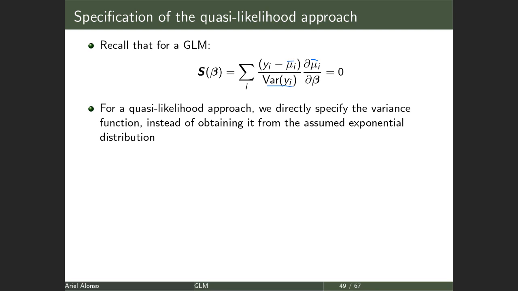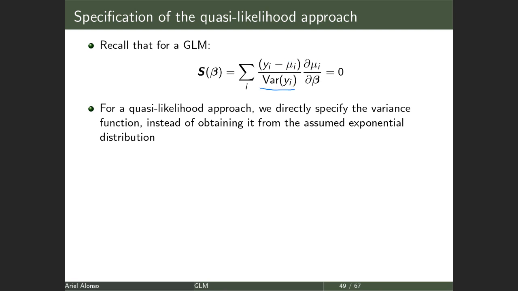Now, when you use quasi-likelihood, that's what you do. You specify directly the variance function, because the variance depends on the mean, so you need to specify the mean. Typically in GLM, this variance emanates from the exponential family, right?